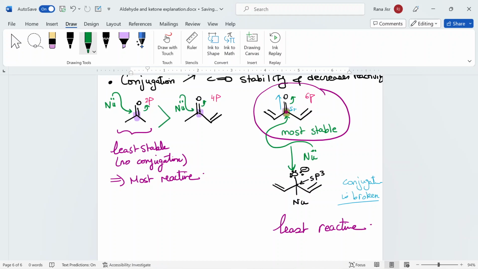So I am expecting that the ketone is going to be the most reactive and the most conjugated system is going to be the least reactive, due to when the nucleophile attacks that carbonyl, it breaks the conjugation and it forms a less stable product.